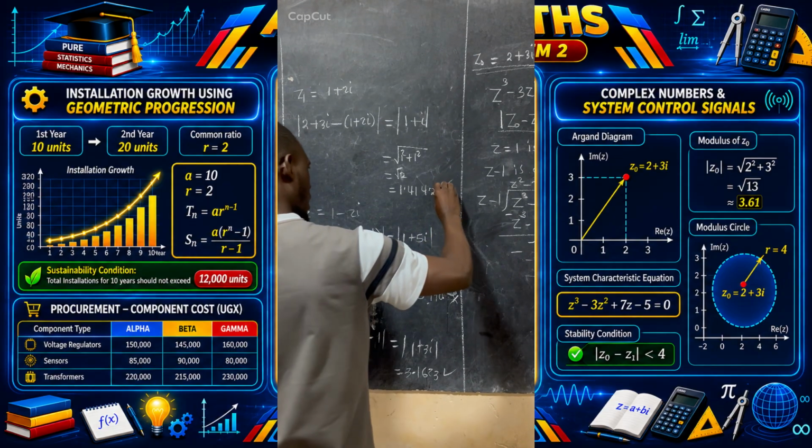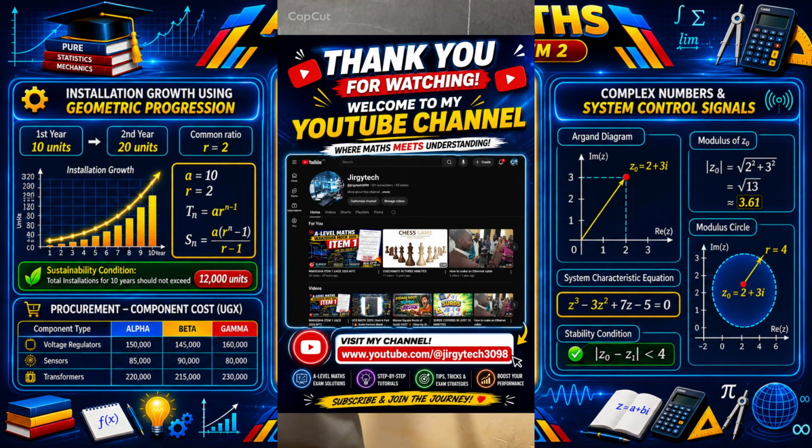This would qualify, but because this doesn't qualify, we say the automation system will remain unstable. Therefore, the automation system will remain unstable. The reason is because there is a magnitude which is greater than 4 units.